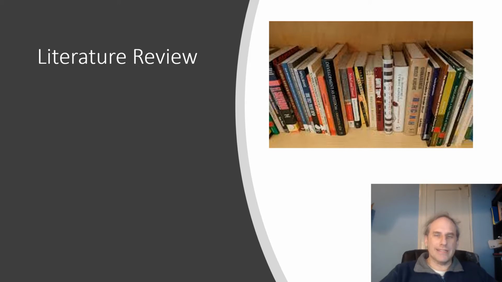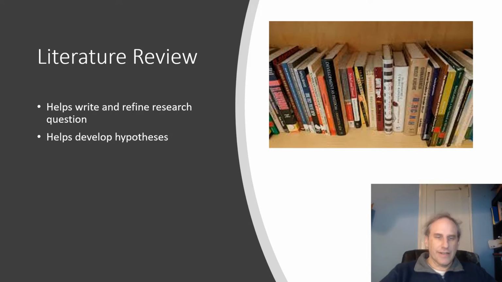Now, what kinds of literature reviews help you with secondary data? They can help you write and refine a research question, seeing what other people have asked, seeing what questions are left. You often see other people's hypotheses and see how they might map onto the hypotheses you can test.